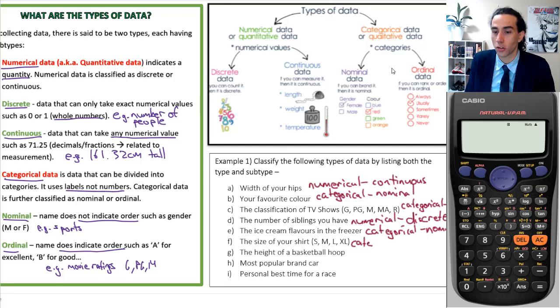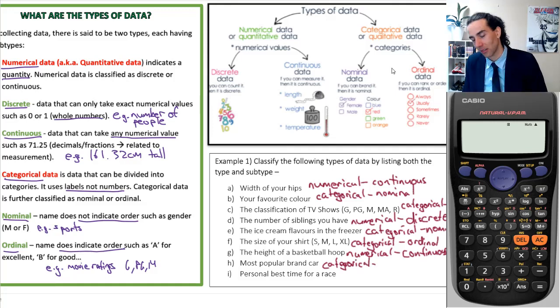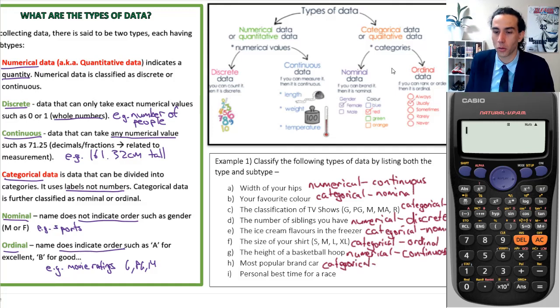The size of your shirt, well, the sizes are in order. Definitely from small, medium, large, etc. Or, there we go. Height of a basketball hoop. So height, it's a number. And height can be anything. Just depends how good you are at measuring. Most popular brand car, it's a category. Can you put them in order? Like the name itself doesn't have an order to it.